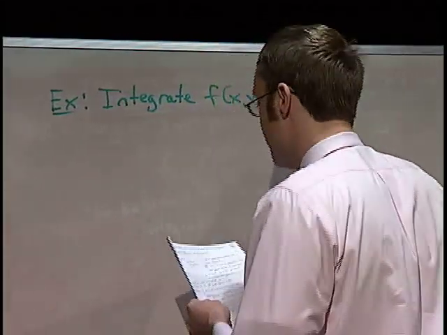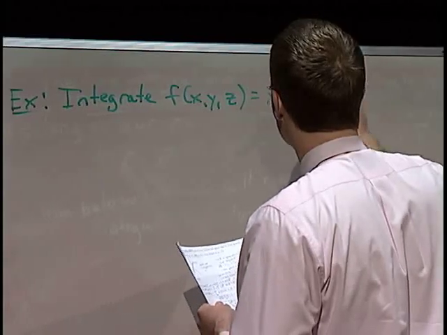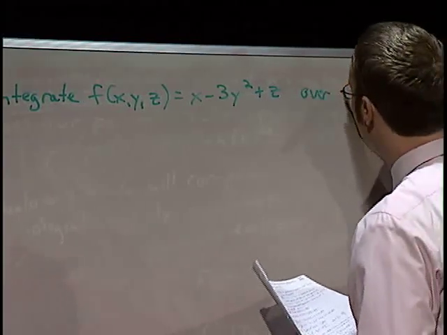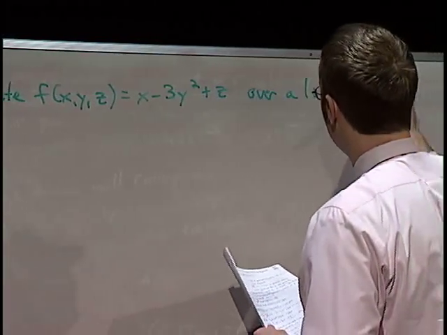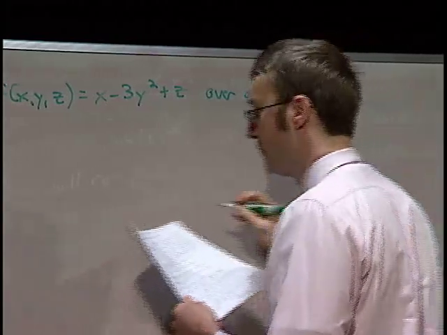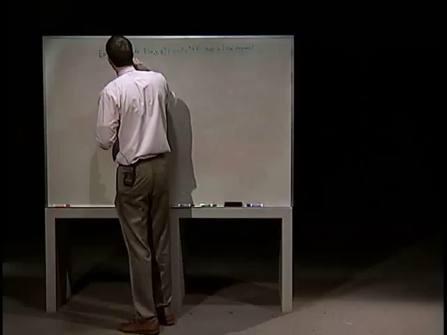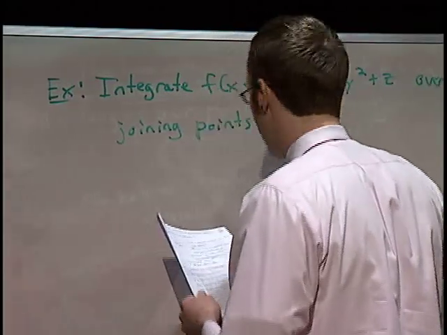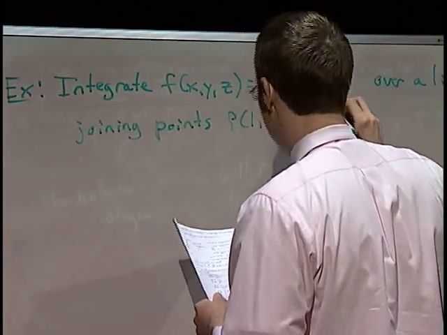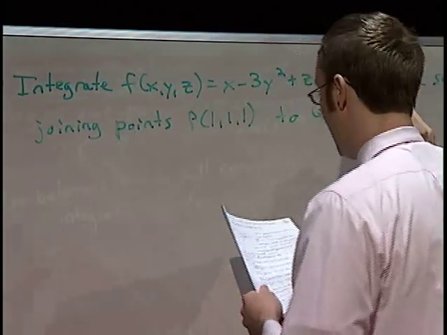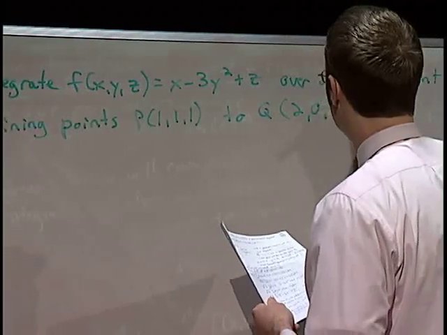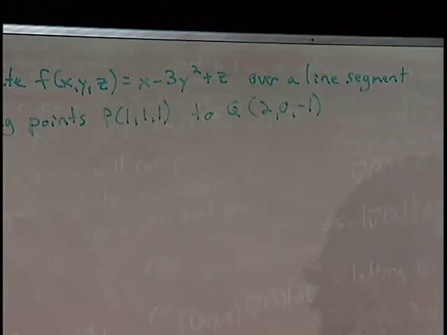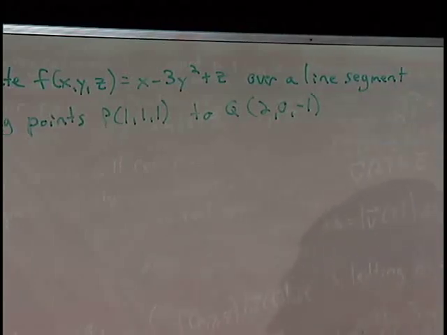So let's integrate the function x minus 3y squared plus z, and let's integrate it over the simplest thing we can think of, which is just a line segment joining 2 points, the first one being 1, 1, 1, and the second one being 2, 0, negative 1. Right? So integrate this function over this line segment joining the points P and Q.